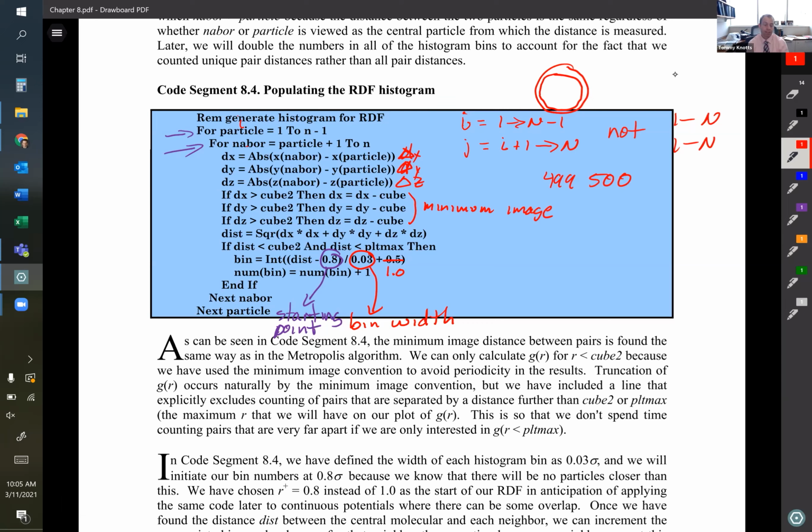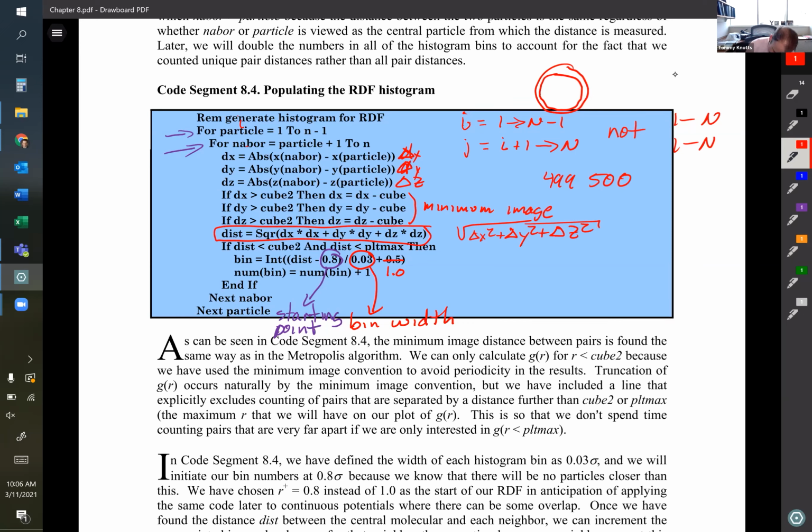And it's one length away, or one cube. Remember, cube is the length of the box. So I get my dx, dy, dz with minimum image, and calculate the distance, just the normal square root of delta x squared plus delta y squared plus delta z squared. Similar to what you learned back in algebra of how to calculate the distance between points. Probably only did 2D, but now we're in 3D.